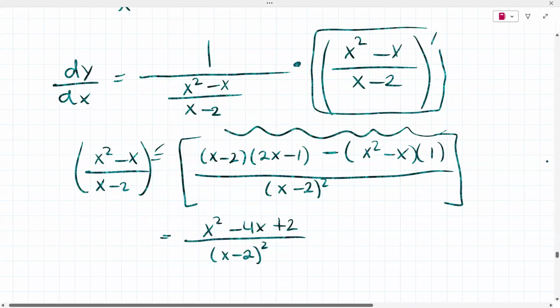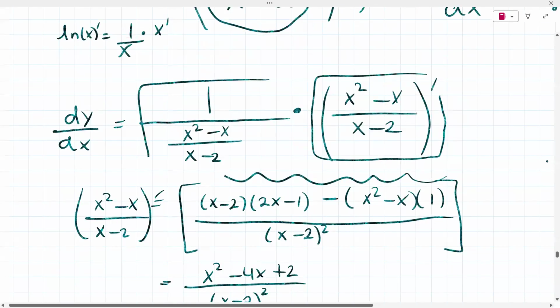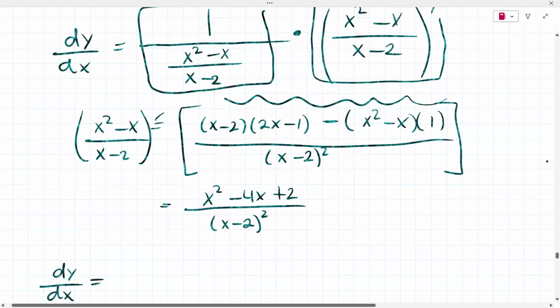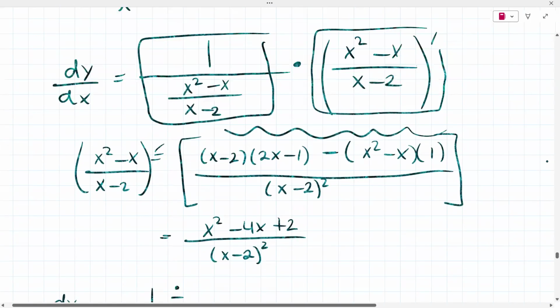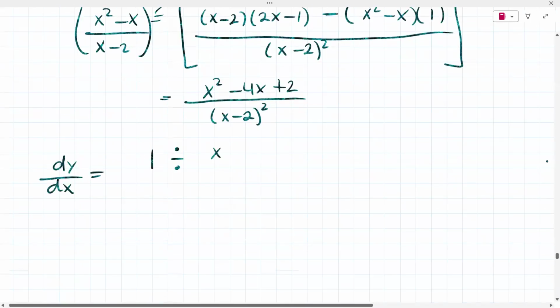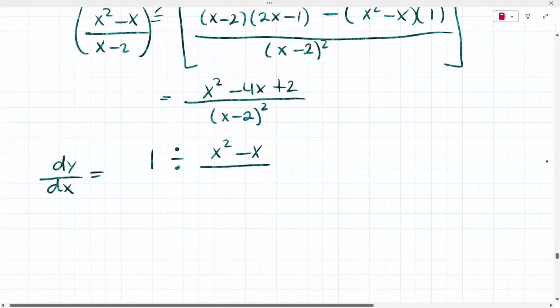So what we have is dy/dx. And then how do I simplify this? It's a complex fraction. So you can rewrite this as 1 divided by that, and then you may cross multiply.